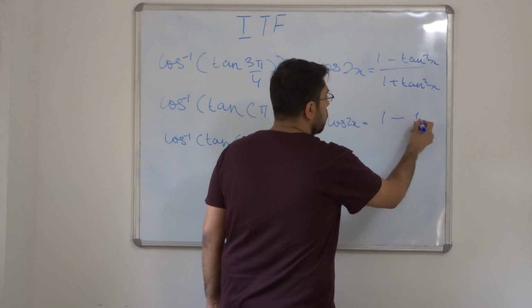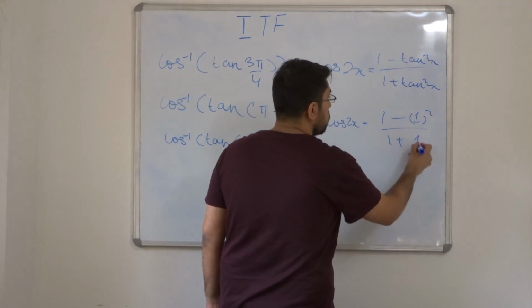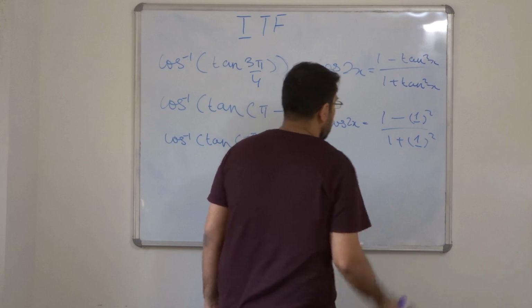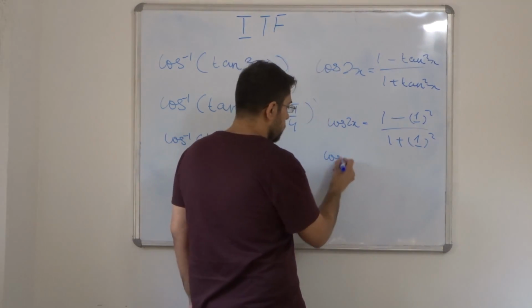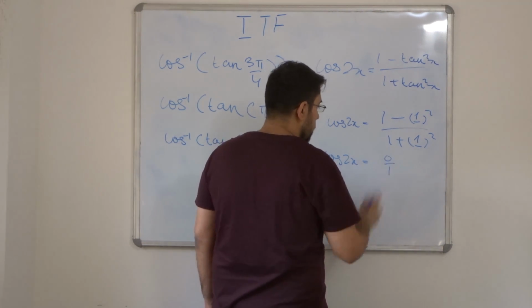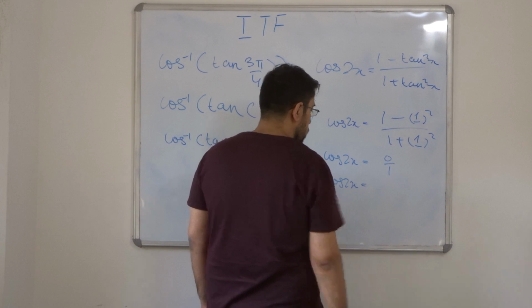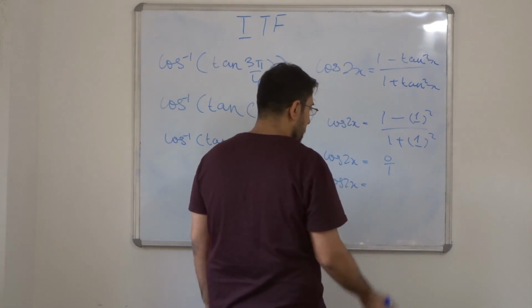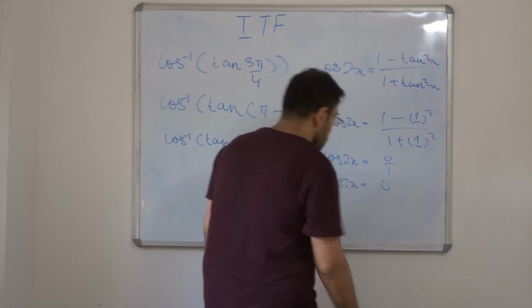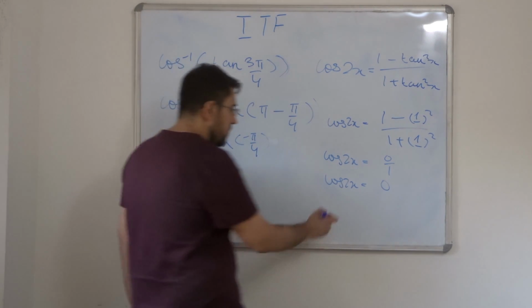So you have 1 minus 1 squared over 1 plus 1 squared, and that is cos 2x. And then you have 0 upon 2. So you have cos 2x equal to 0. So then you have this, guys.